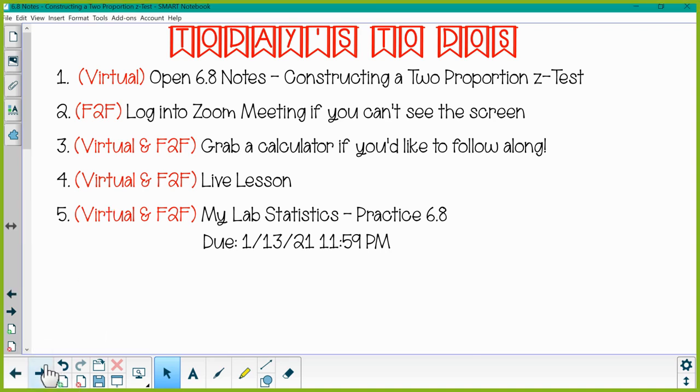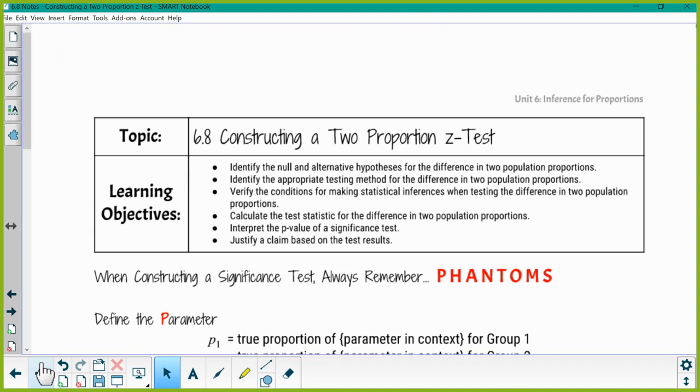Today, we are going into constructing a two proportion z-test. All of this is still going to follow that familiar pattern of phantoms. That's the big key idea for two proportion z-test.